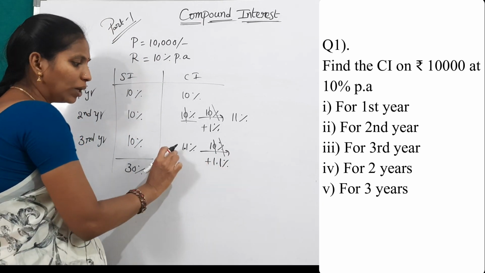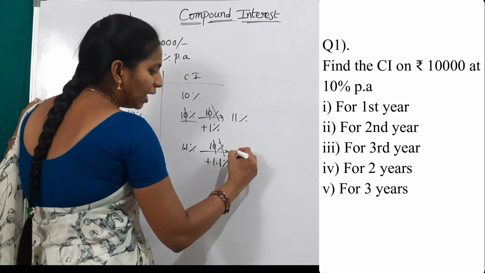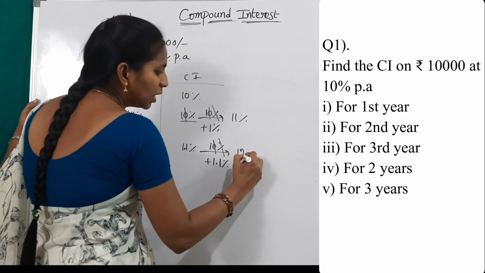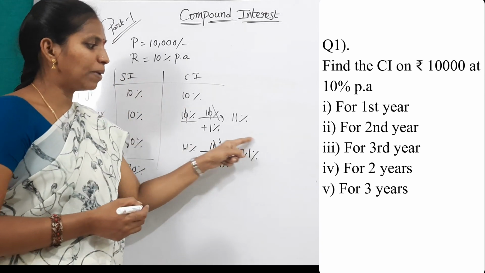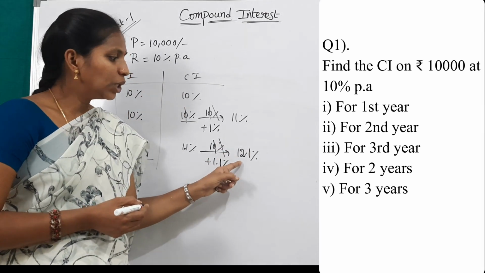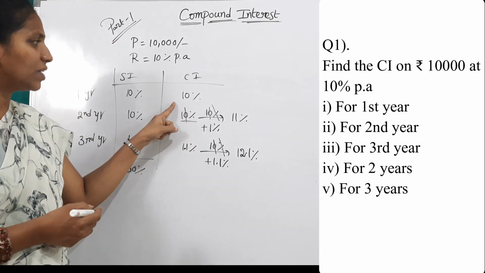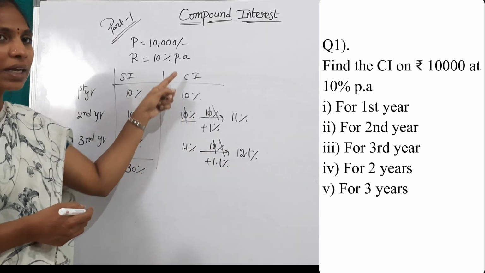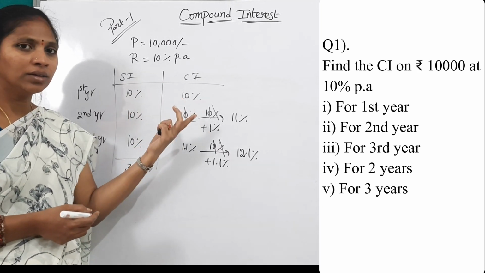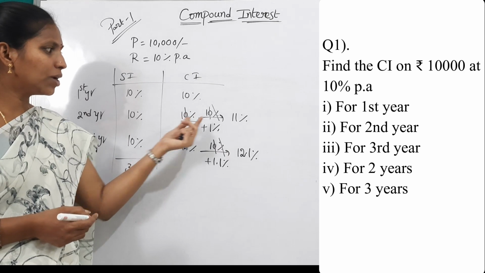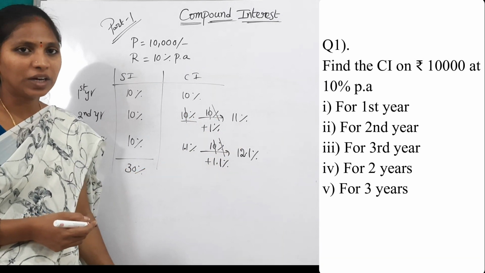Add this 1.1 to this 11. 11 plus 1.1 means 12.1 percentage. What is the compound interest percentage for the third year? 12.1 percentage. These are very important. For the first year it is the same 10 percentage, but compound interest is in increasing mode, percentage on previous interest. So for the second year 11%, for the third year 12.1 percentage.